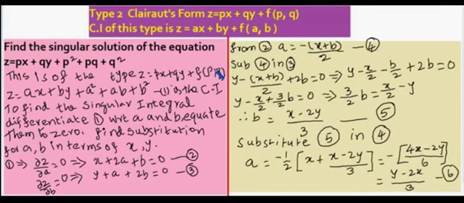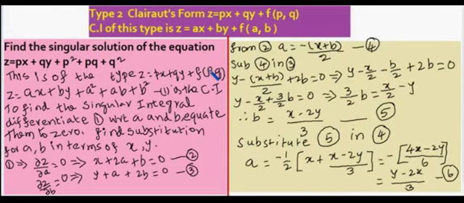This is of the Clairaut type, px + qy + f(p, q). You replace p by a and q by b. Now the complementary integral you can arrive at: z = ax + by + a squared + ab + b squared is the complementary integral, equation number 1.